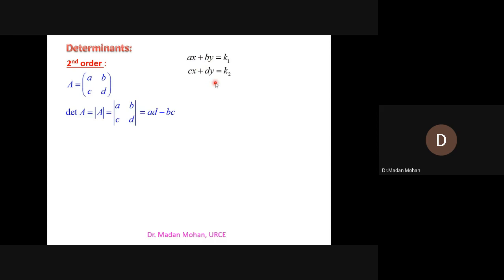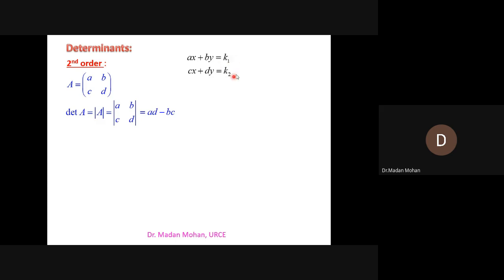The first represents a straight line equation, the second represents another straight line. I need x, y values which satisfy both equations, meaning the intersection point. Forget about matrices.